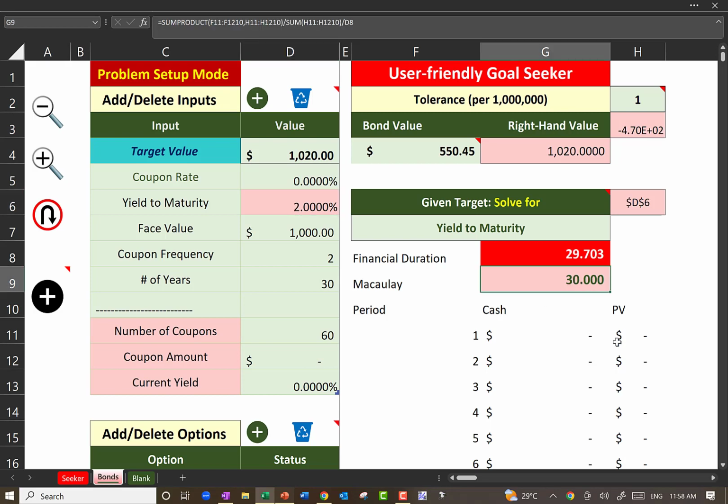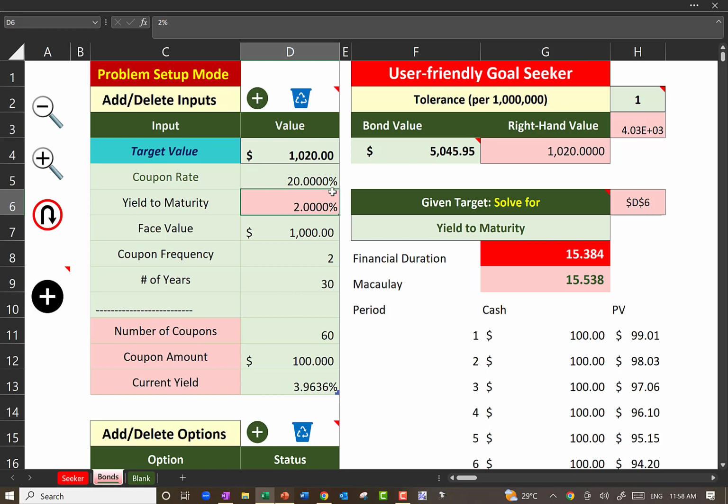That also makes sense. If the coupon rate is higher relative to the face value, you're getting a lot of your money early on. Face value is 1,000, but in the first year, you're going to get 200 back.